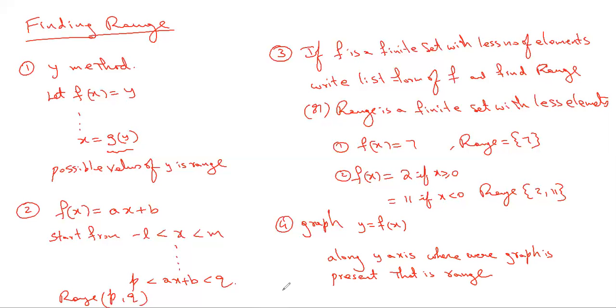So these are the main 4 methods that we follow to find the range. Which method are you finding difficult? The second method, starting from the domain and then getting the range.